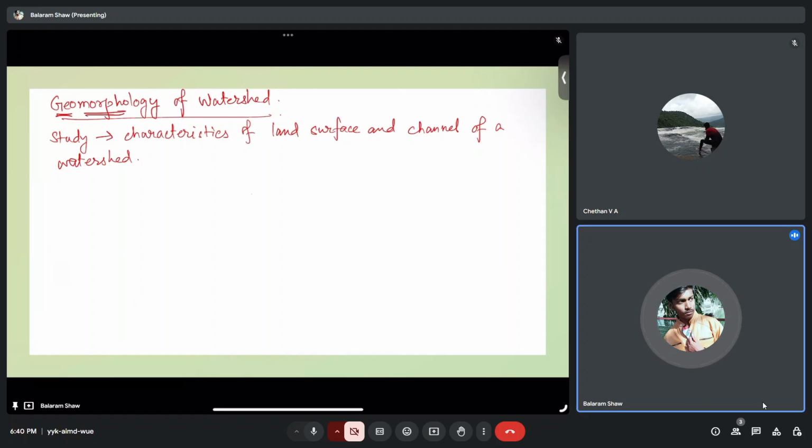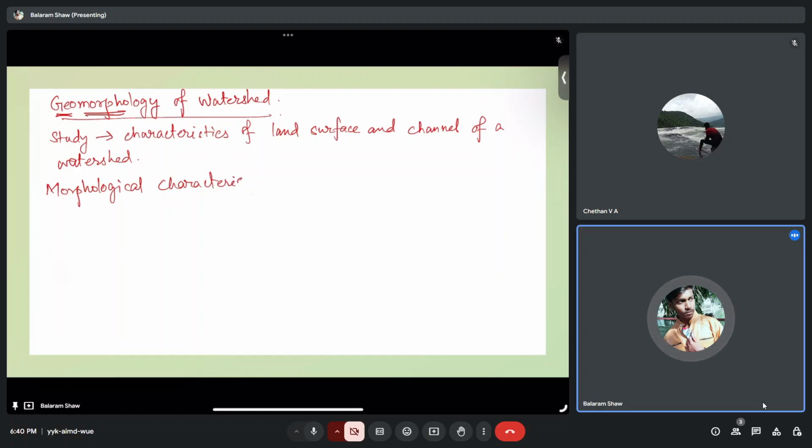So as I mentioned, the important role after, let's say, a rainfall event, what we see, we have overland flow, and along with that there is channel flow, right? So we'll start with that. So these morphological characteristics.